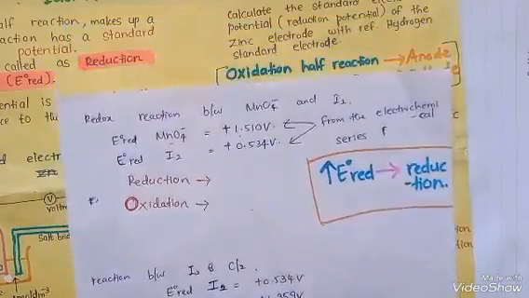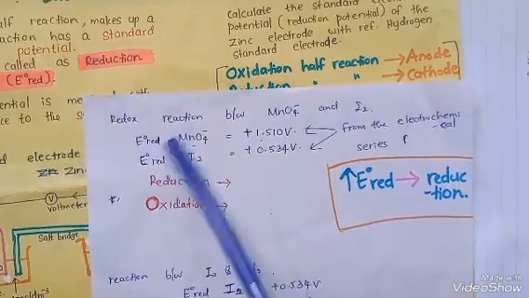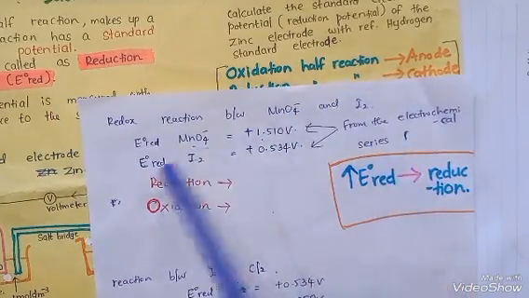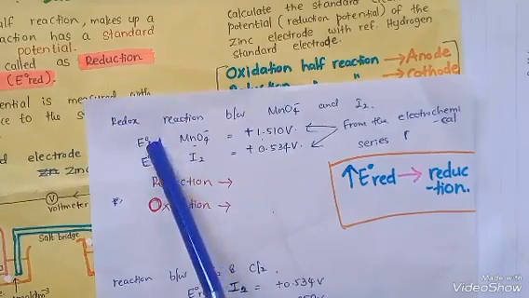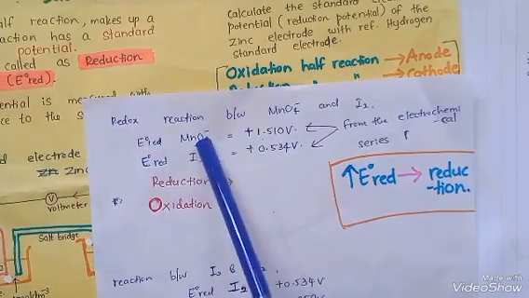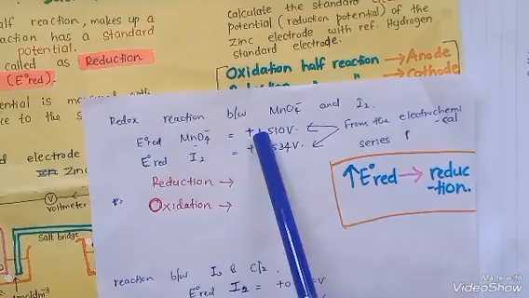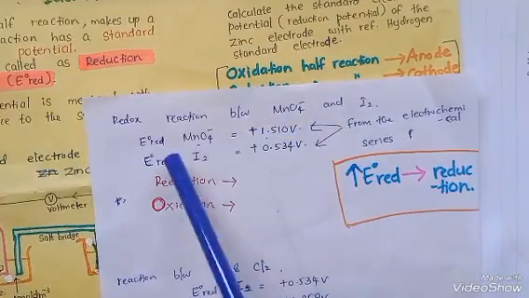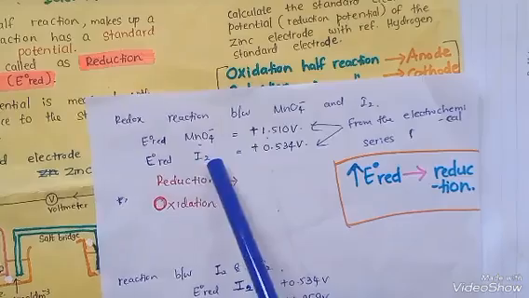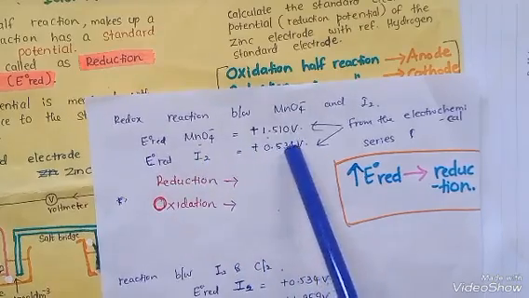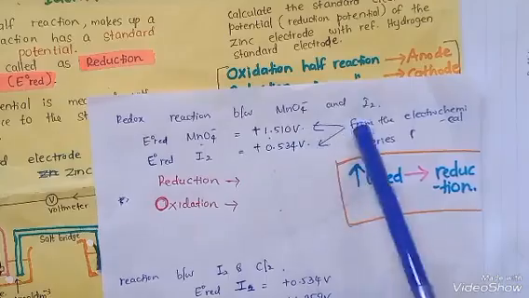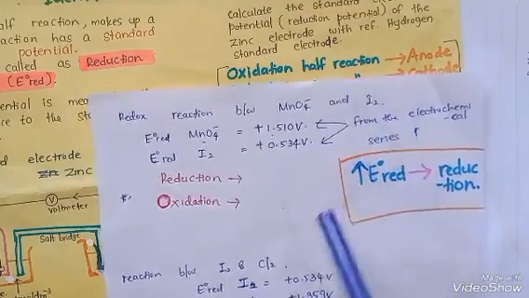Let's see this example. Redox reaction between permanganate ion and iodine. The standard reduction potential for permanganate ion is plus 1.510 volt and the standard reduction potential for iodine is 0.534 volt. These values are the standard values from the electrochemical series.